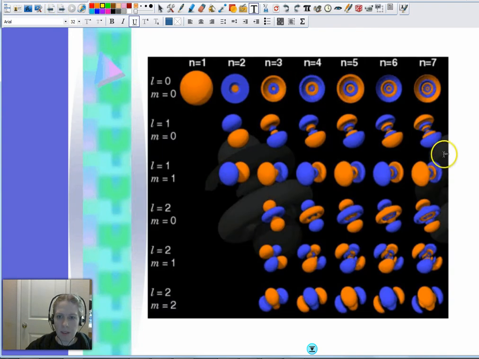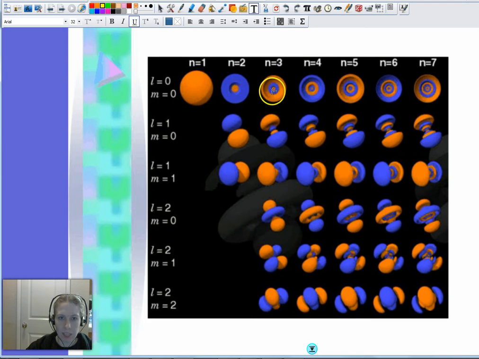So here is the illustration of what they look like. Here, for n equals 1, this is the s orbital when the level is the first level. It's just a sphere. The s orbital for n equals 2, you have two essentially rings or spheres inside each other.